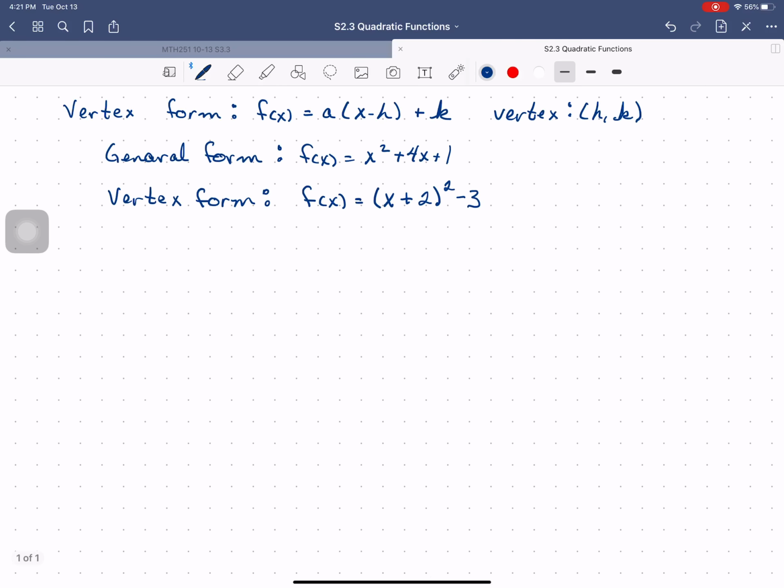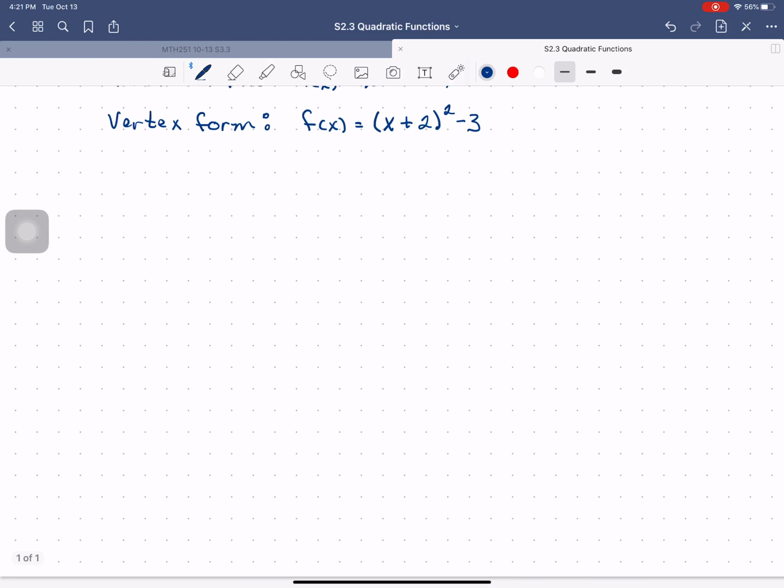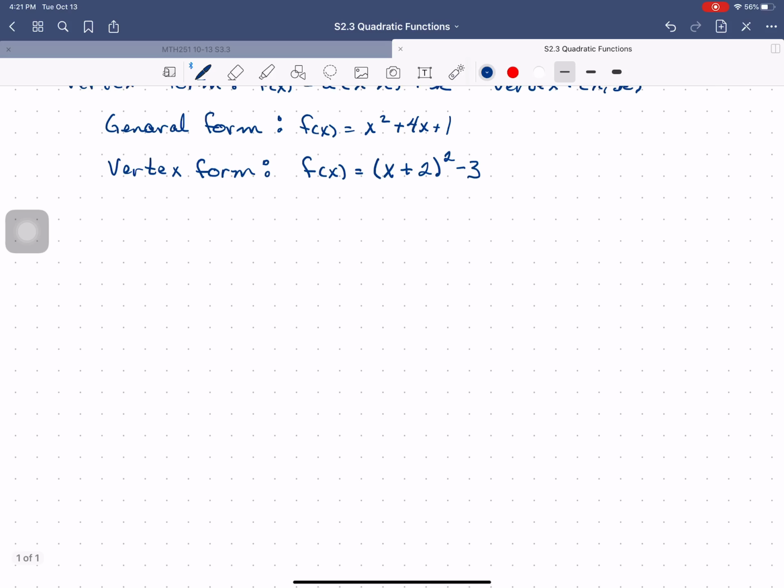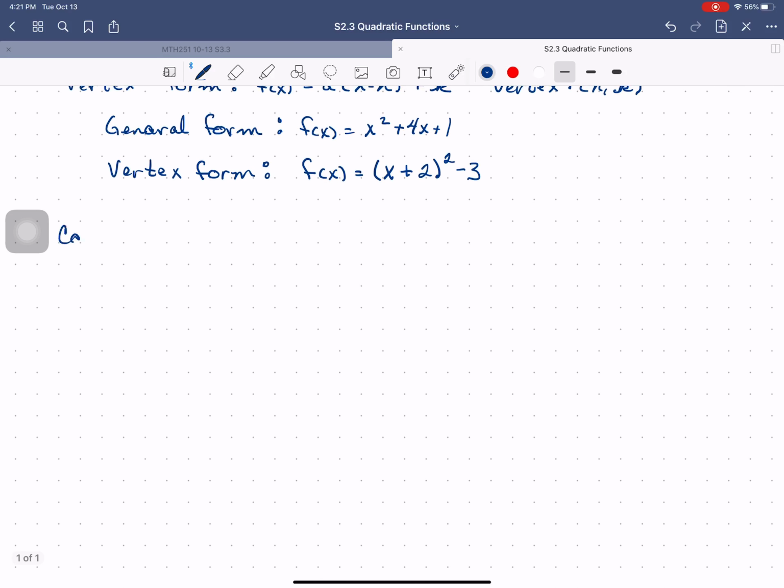Okay. So, we're going to do something called completing the square. And what we're going to do is work with x squared plus 4x plus 1. I'm going to complete the square on one side of this equation.